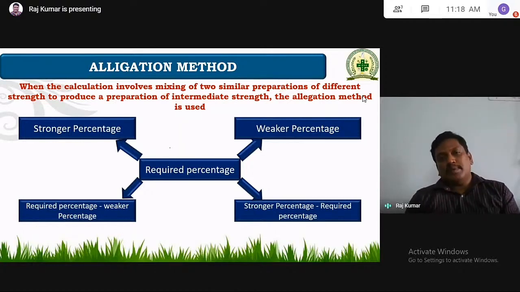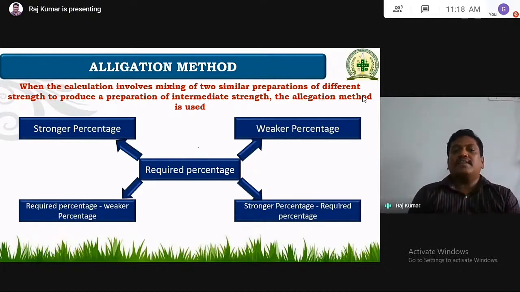So how to do this method? That is very, very important, and you have to remember this display. I hope you are all getting the display of the screen. Let us see. Simply, you have to prepare some percentage from different concentrations, so we divide those concentrations into two forms: the higher concentration and the weaker concentration.